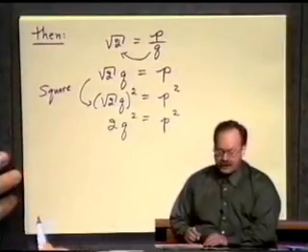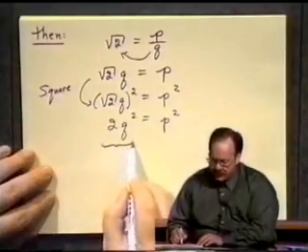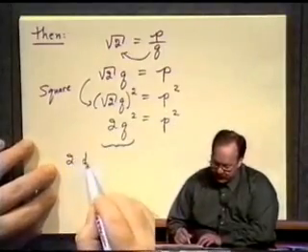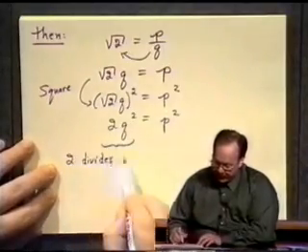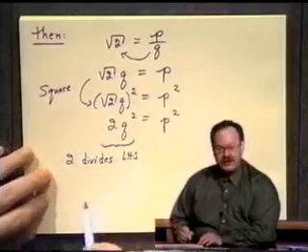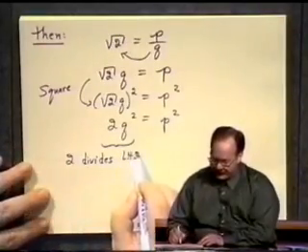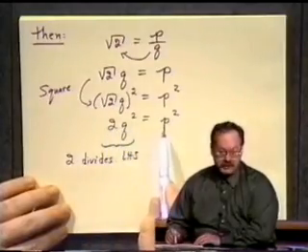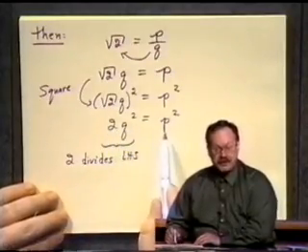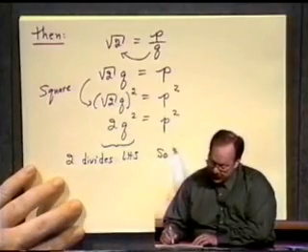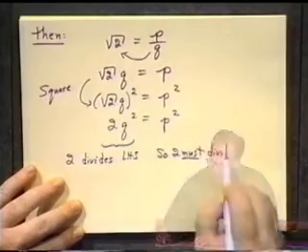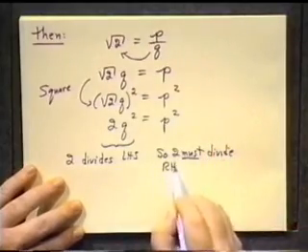Now here's our first observation. Notice that 2 divides the left-hand side. That's my abbreviation for left-hand side, LHS. So since it divides the left-hand side, it must, since the right-hand side is equal to it, divide the right-hand side. So 2 must divide the right-hand side.